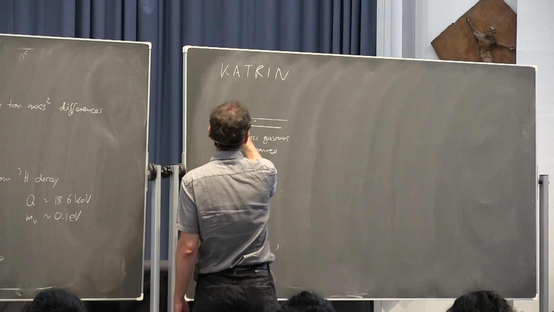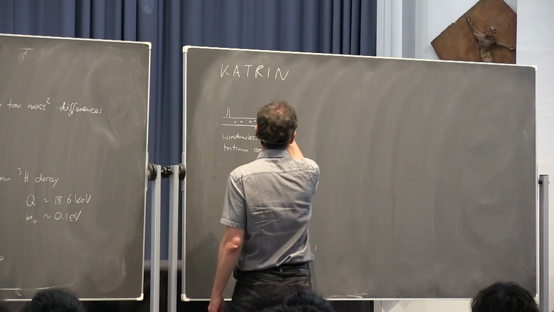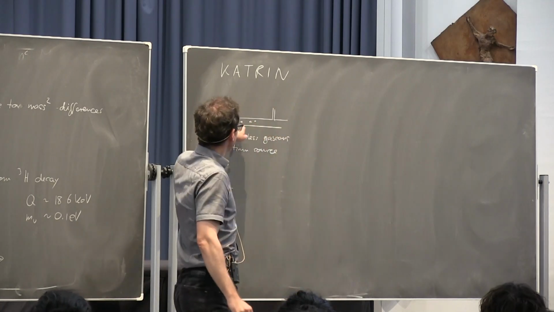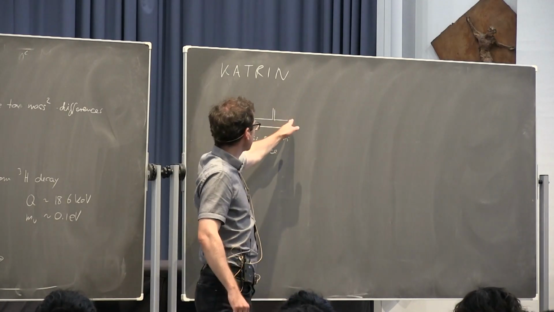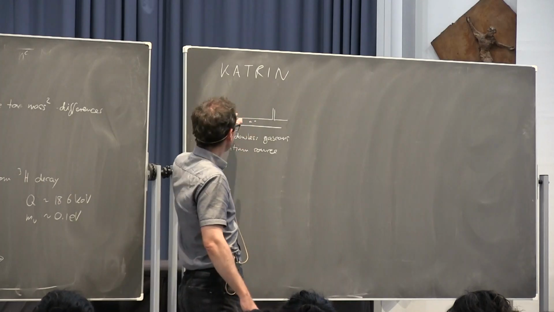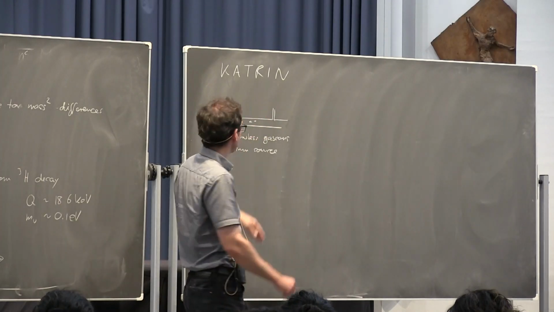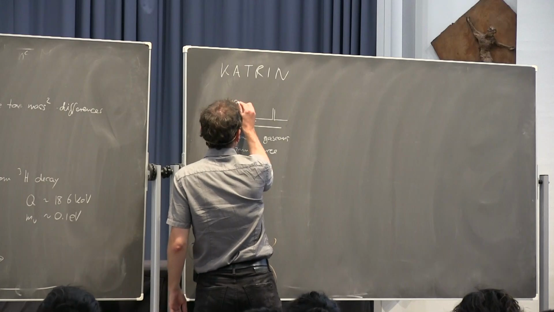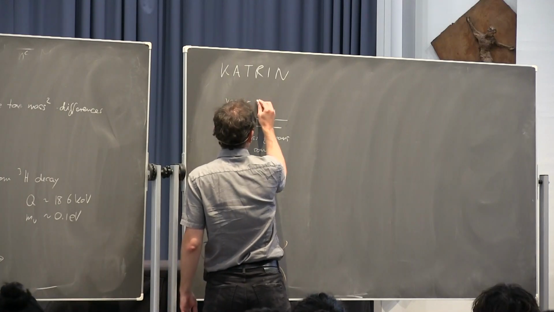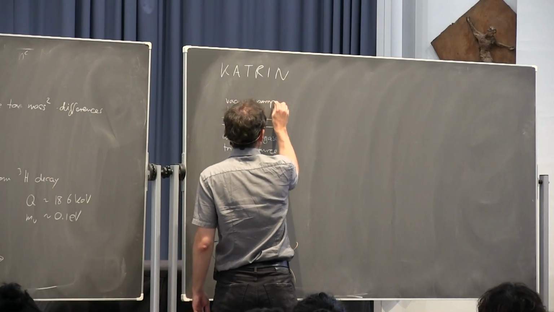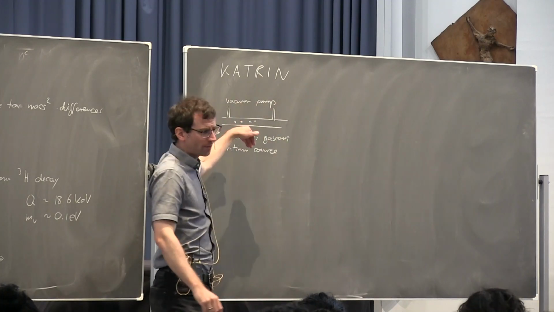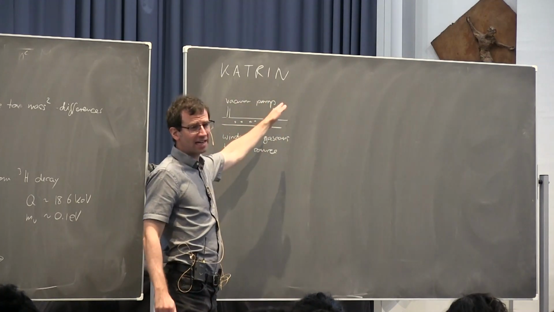So that's basically a pipe that does not have any window on either side, but it just has an intricate set of vacuum pumps, which do what they call differential pumping, which means you inject tritium at one end and you pump it out again on the other end.